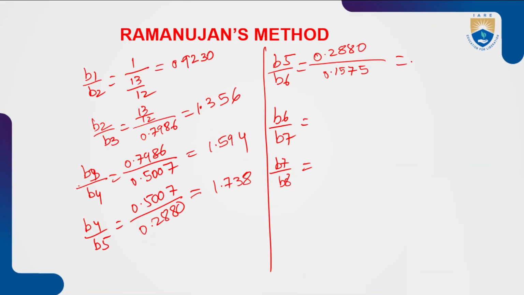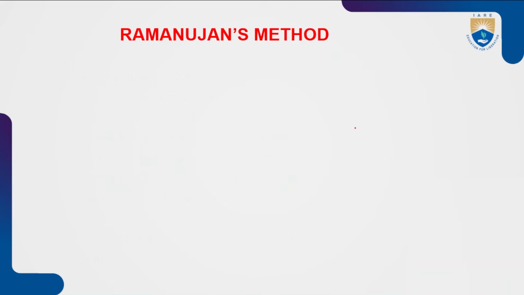So 0.2880 divided by 0.1575 gives 1.828.